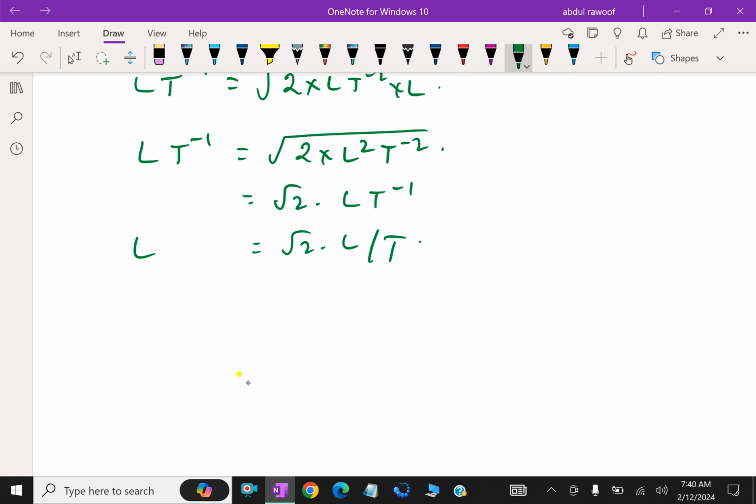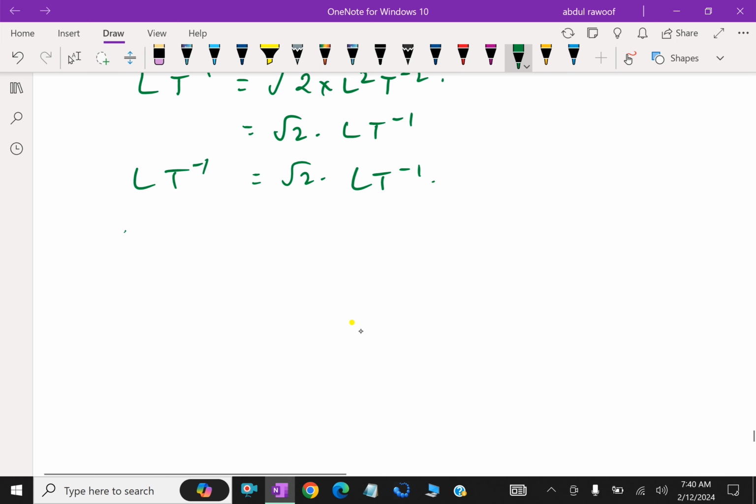Look here, on both sides the dimension is L T power minus 1, but root 2 has no dimension. So it is dimensionally homogeneous.